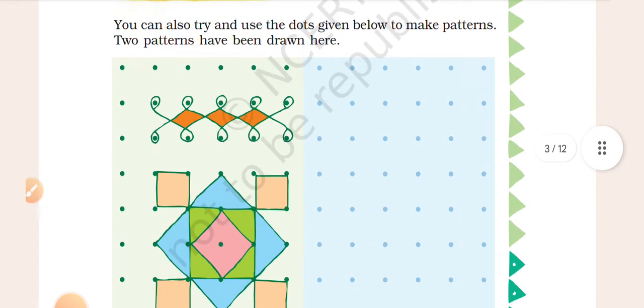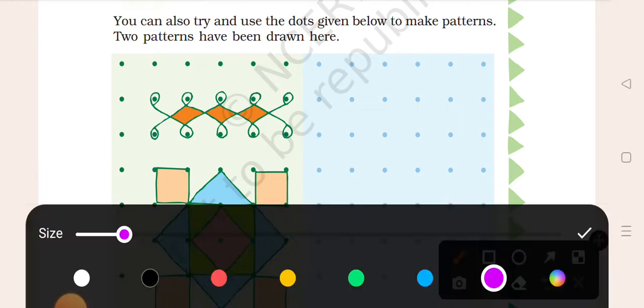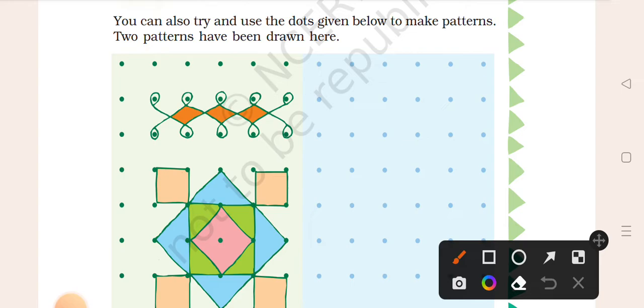Now we have to make these patterns. First we take the brush. This pattern will look like this.